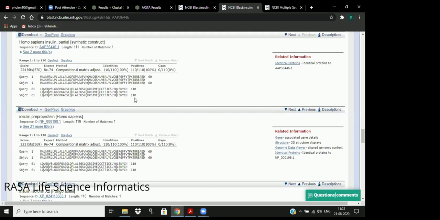This is showing you the positions of alignments. It shows you that the query's first amino acid is aligning with the first amino acid of the subject. Since they are not showing you the sequence in one line, they have just broken the sequence after 60 and shown you the result of 61 onwards in the second line. That is the number which they are showing you.